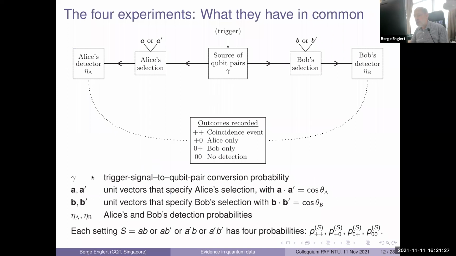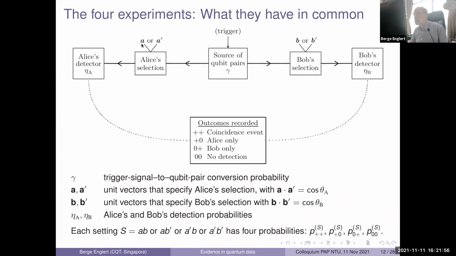And there's a probability gamma for the conversion, so not every trigger signal may actually produce a pair. And then of the pair, one of the objects goes to Alice and one of the objects goes to Bob. Alice has a filter that lets the particles go through or not. Bob also has a filter that lets the particles go through or not.